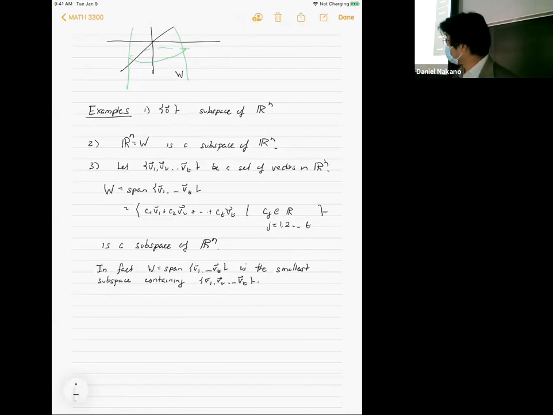Okay, so there's no smaller subspace which actually contains these vectors. Okay, any questions on this?